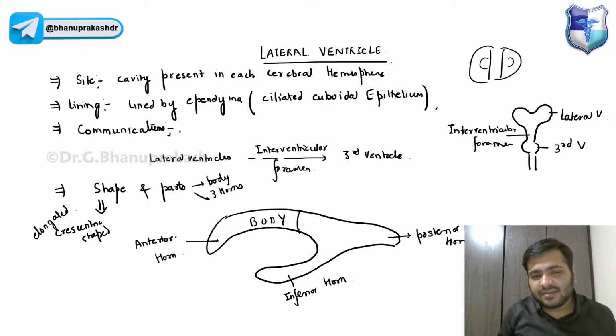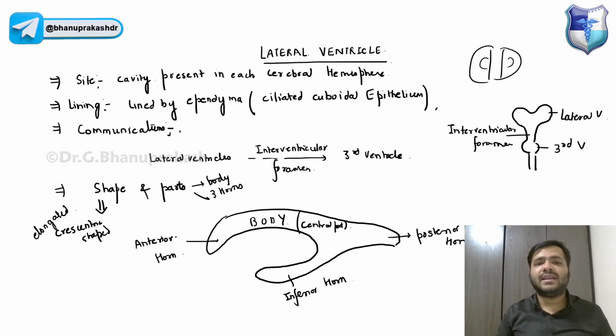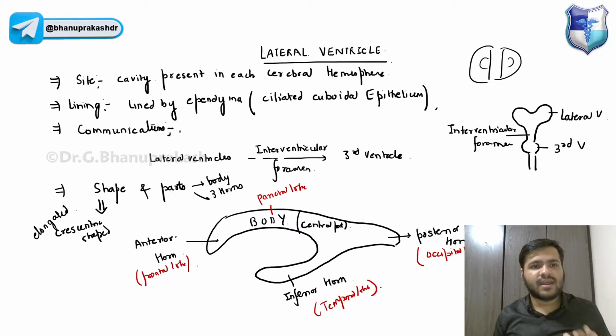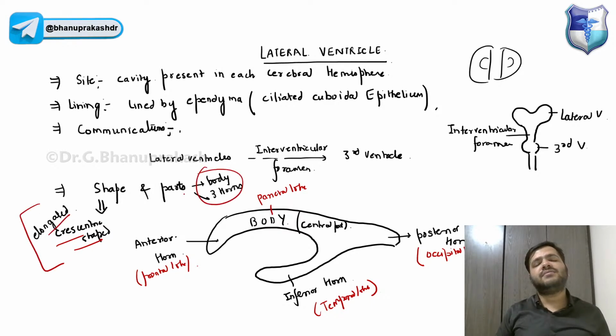The body is basically the central part, guys, and it lies in the parietal lobe. The anterior horn extends to the frontal lobe. The posterior horn extends to the occipital lobe. And the inferior horn extends up to the temporal lobe. So that is the shape, elongated crescentic, and the parts, the body and three horns.